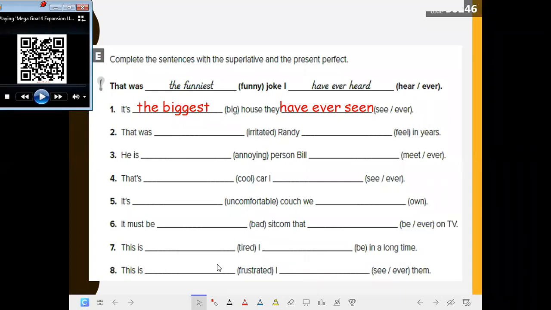بص احنا نخلي بالنا من الجزئية دي قبل ما نعمل عملية السوبرلاتيف ادجكتيف، ان احنا ننظر للصفة اللي قدامنا. اذا كانت الصفة short زي المثال الاول كده زي ما زميلك قال، هنقولها the biggest، هنجيب قبلها the ونجيب بعدها est وانتهى الموضوع. تمام. إذا كانت long adjective يبقى في الحالة دي تستخدم قبلها the most. تمام.